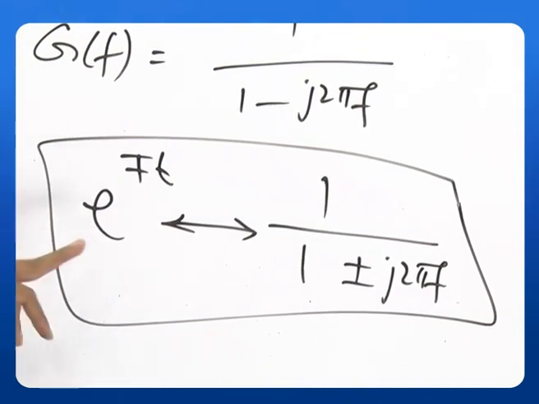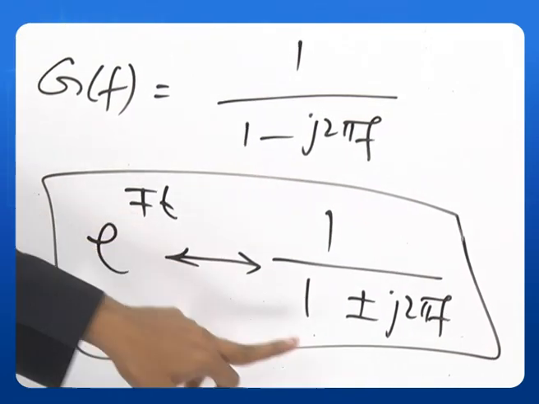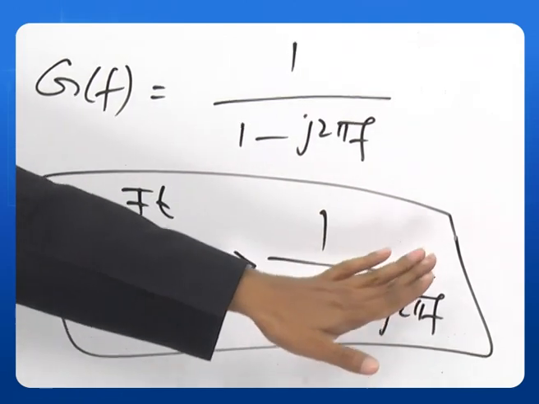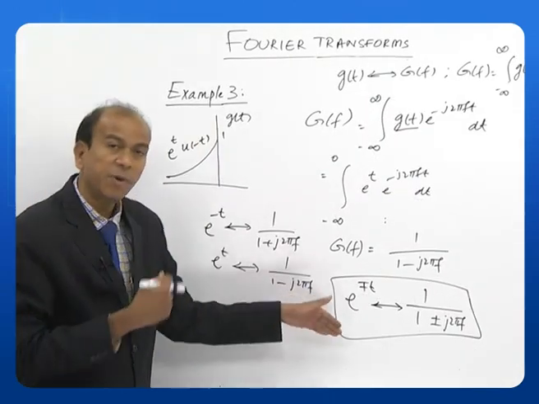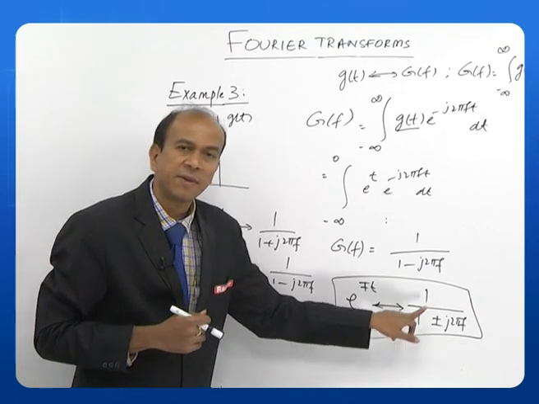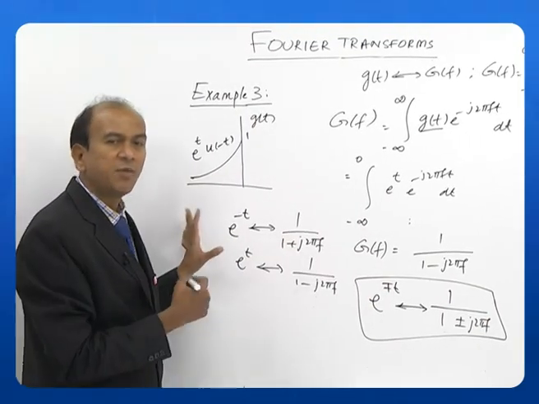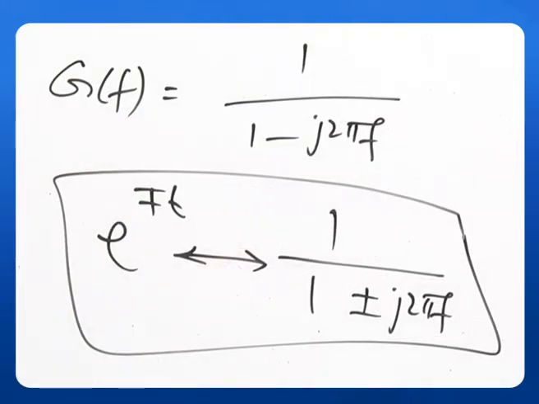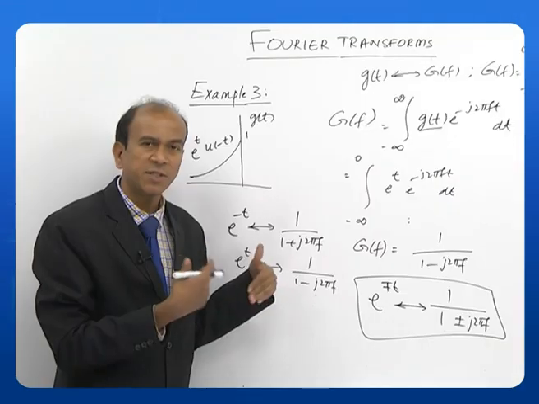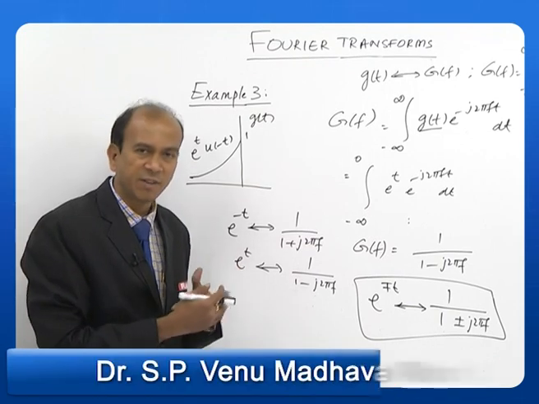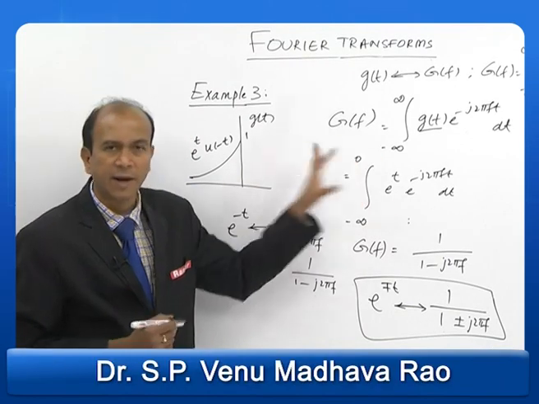So, if it is e to the power of minus t, then this will be 1 by 1 plus j2 pi f, and if it is e to the power of plus t, it will be 1 by 1 minus j2 pi f. So, these two formulas you should remember. This will give you the Fourier transform of an exponentially decaying function and of an exponentially rising function. Okay. So, this is the third example.